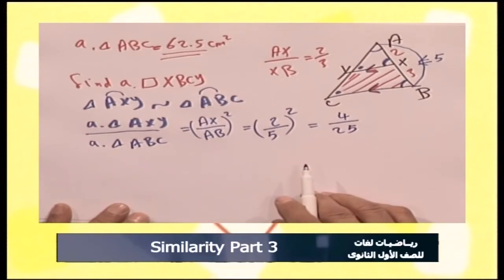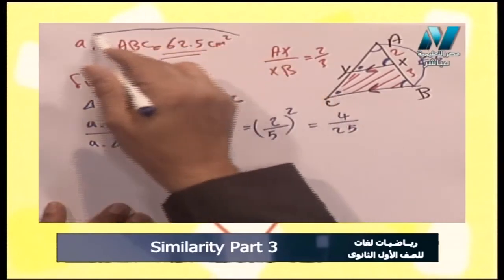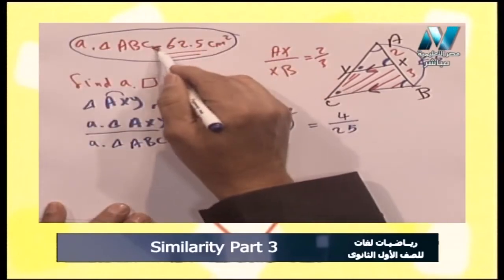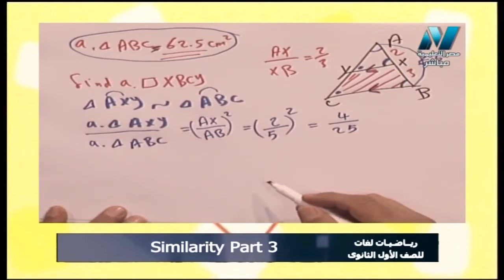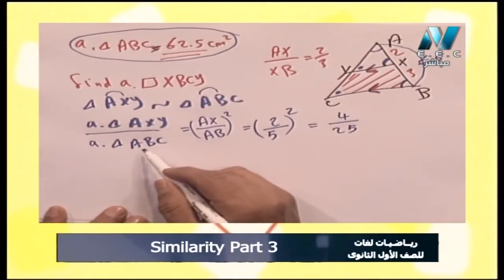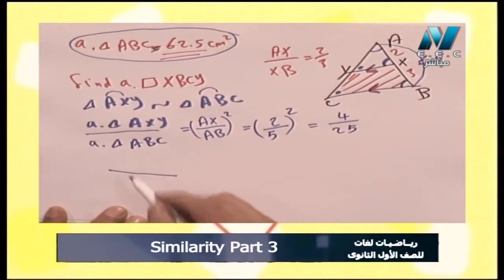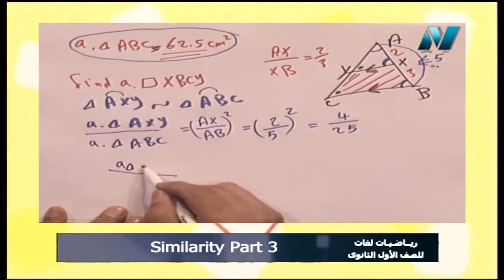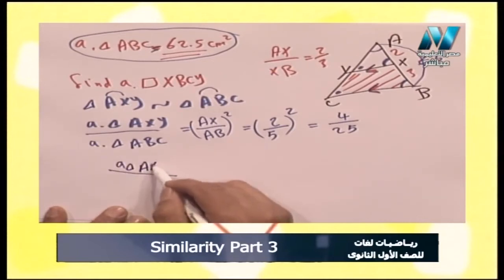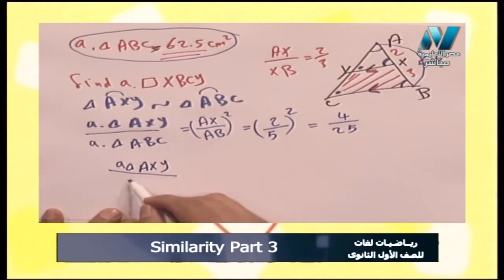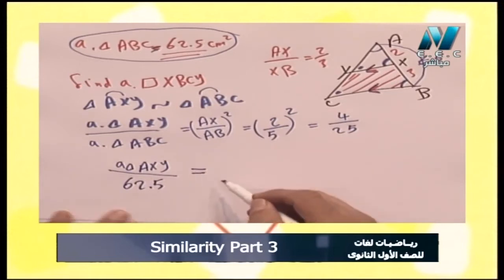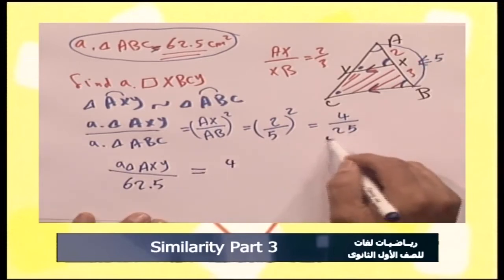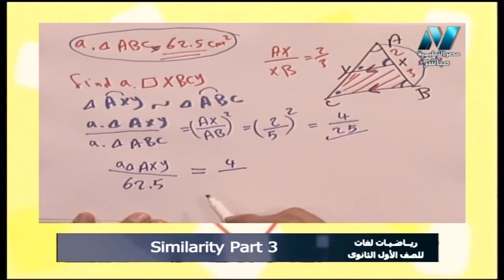And we have the area of the big triangle, which is 62.5. By substitution, we will find that the area of triangle AXY over 62.5 will be equal to the ratio, 4 over 25.